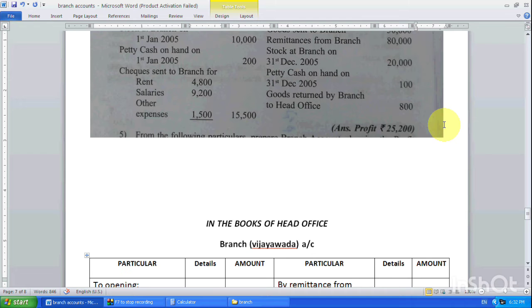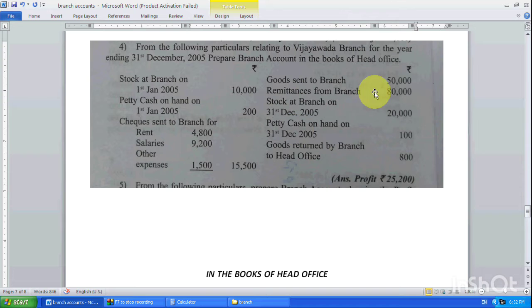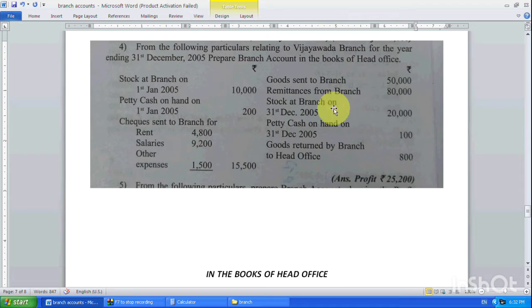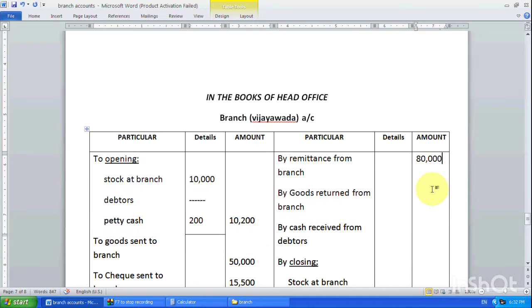Directly write the amount in the amount column, 80,000. Now goods returned by branch to head office is 800, write that here.